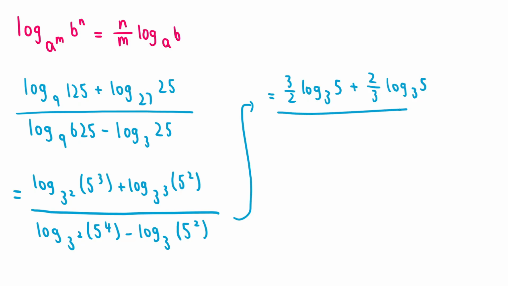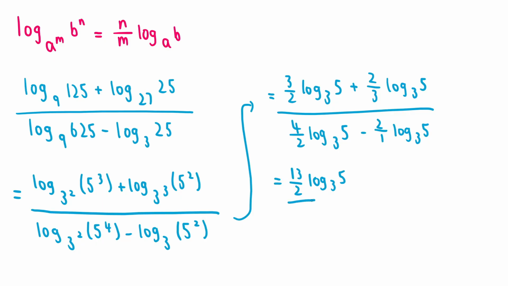And in the denominator, log base 3 squared of 5 to the 4 is the same as 4 over 2 log base 3 of 5, and minus log base 3 of 5 squared is the same as minus 2 over 1 times log base 3 of 5. In the numerator, 3 over 2 times log base 3 of 5 plus 2 over 3 times log base 3 of 5 simplifies to 13 over 2 times log base 3 of 5.